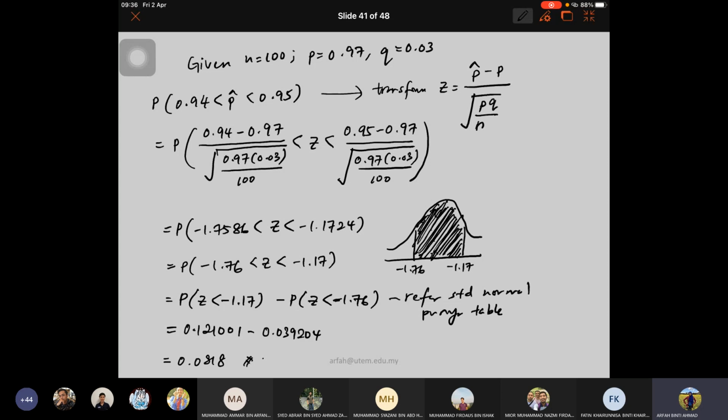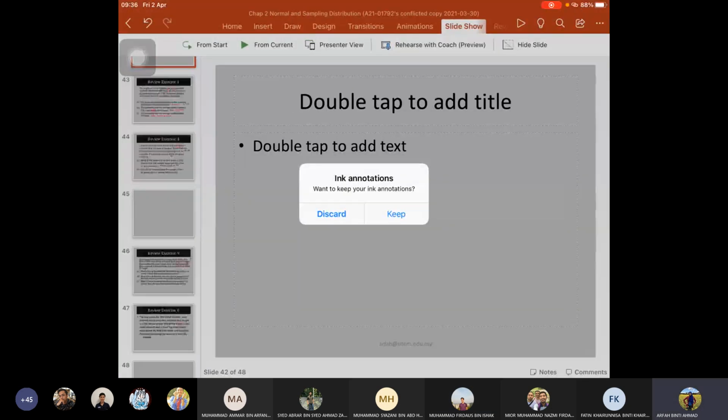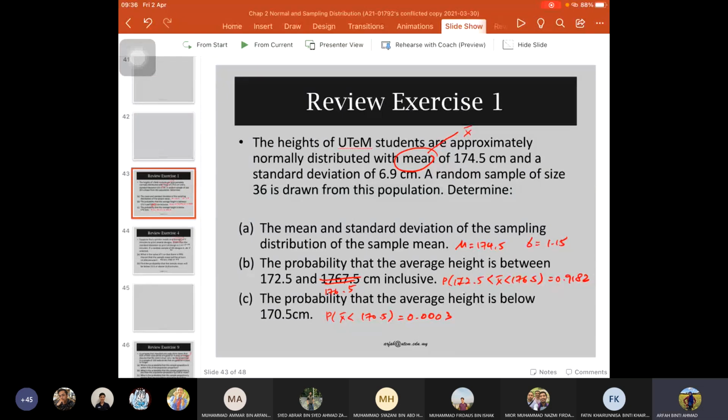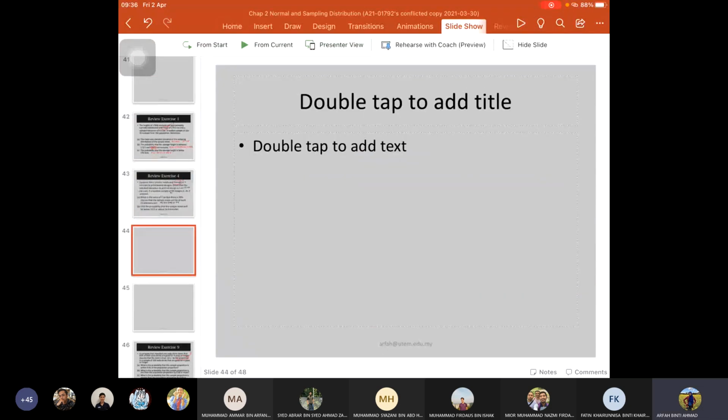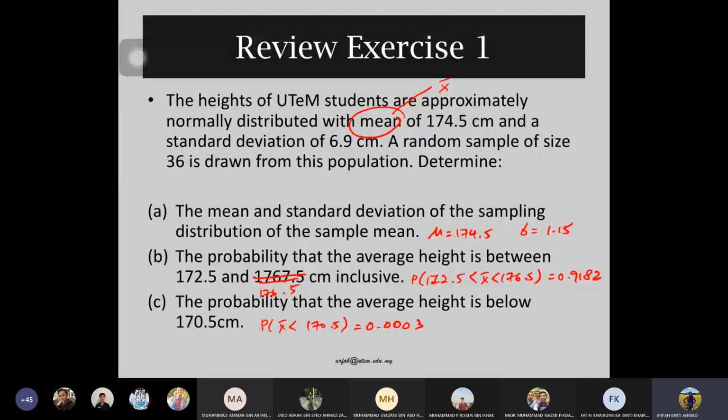Done, class? This one? Done. Okay. So, okay, ini ada review exercise. For this one, saya bagi jawapan akhir je sebab ianya sama dengan yang lebih kurang ni. Okay. Cuma parameter yang dia bagi dekat dalam ni with mean.